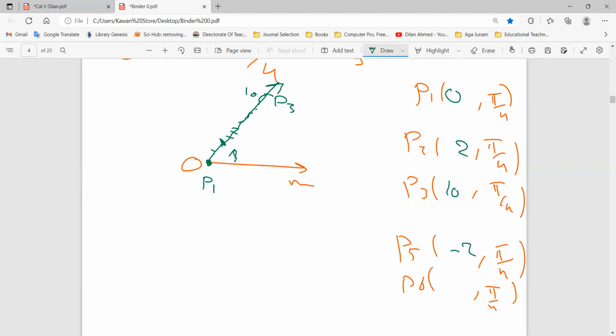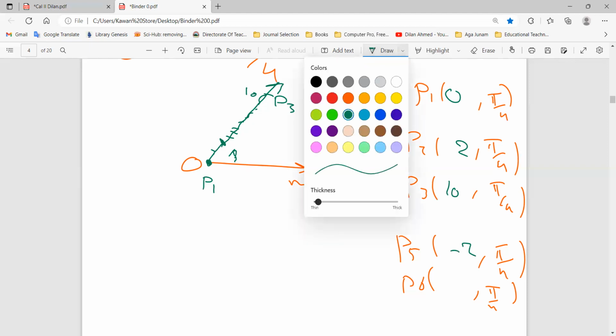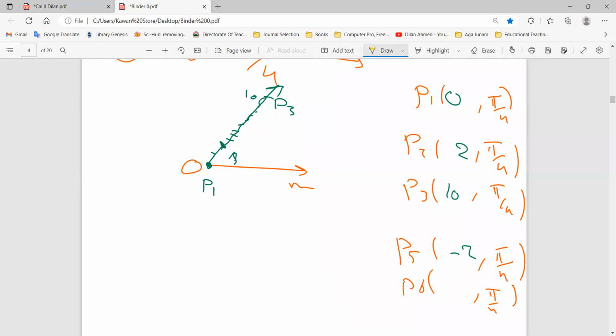P5. That will be what? Pi over 4, but -1, -2. Am I right? How about -100? Exactly, the same direction, going through 1.